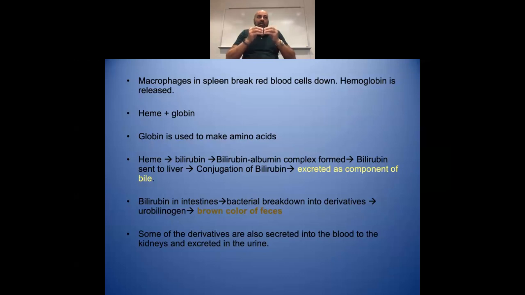Okay. So when you see cirrhotic patients, what's another feature that they have? What color are they usually? Someone has cirrhosis, liver failure, hepatitis. Yellow.